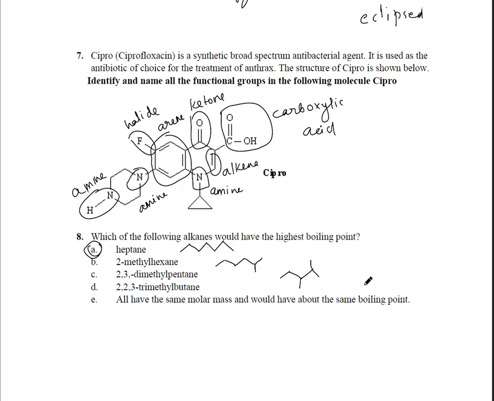And 2,2,3-trimethylbutane would be 2, 2, 3, this one. So as the branching increases, the boiling point will start decreasing, because you can see that the surface area decreases. This is the one which has the highest boiling point, because it has a large amount of London dispersion forces compared to the rest of the molecules.